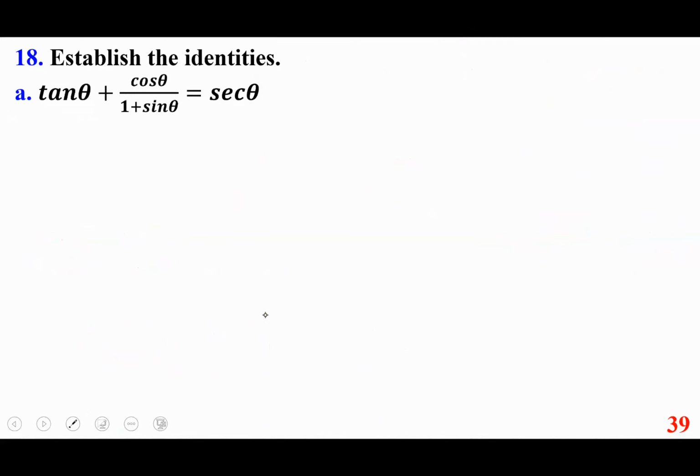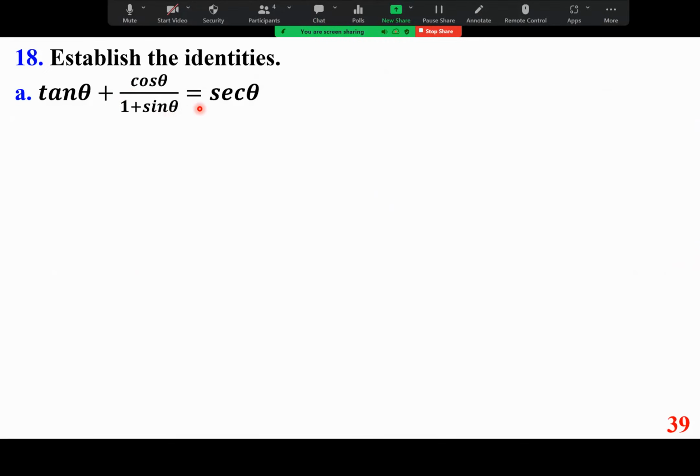We want to establish the identity. The left side, tan theta plus cosine theta over 1 plus sine theta equals secant theta, is more complicated. So we start with the left-hand side, and we write this one as sine over cosine. We take a common denominator of cosine times 1 plus sine. So sine theta times this gives us sine theta plus sine squared, and this one gives us cosine squared.